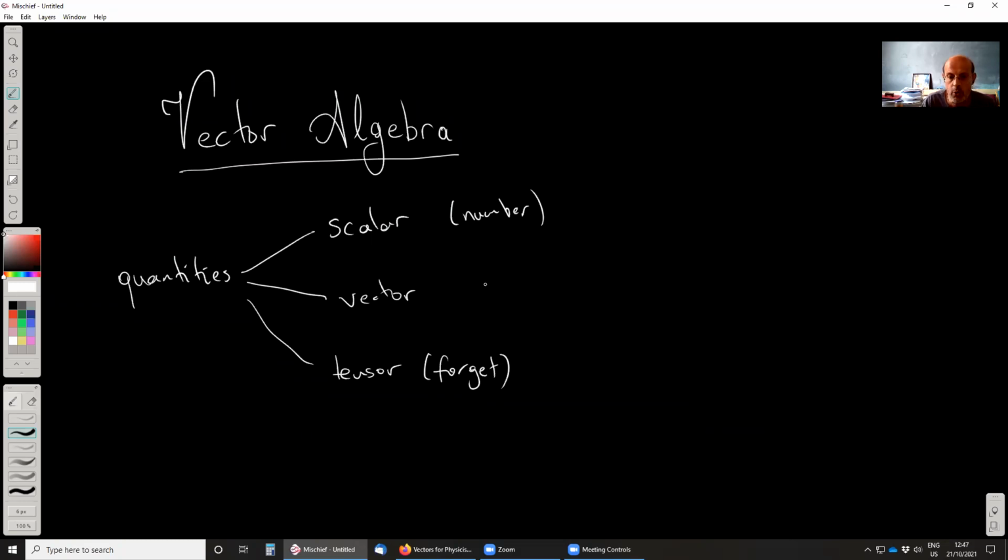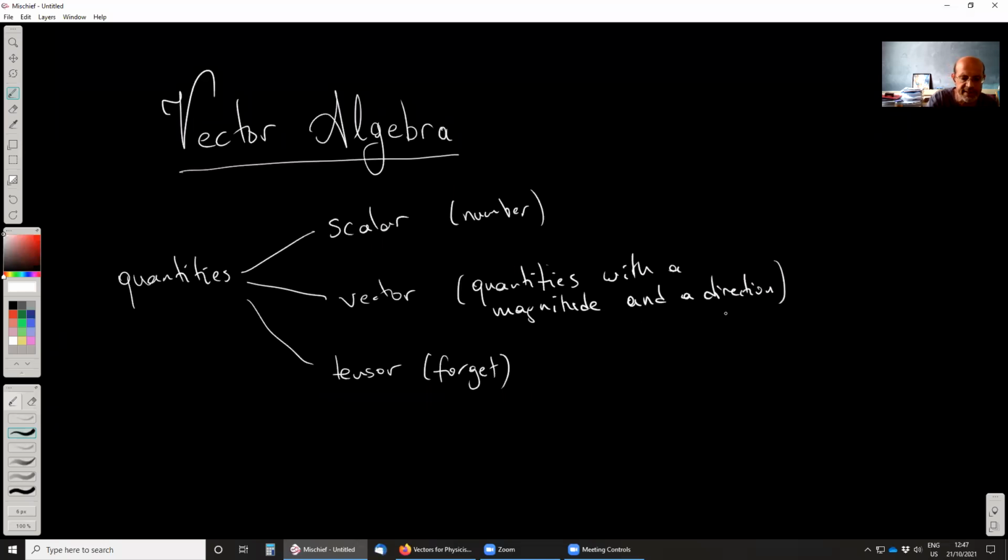So vector quantities, however, have a magnitude as well as a direction. Let's say it like this. These are basically quantities with a magnitude and a direction.